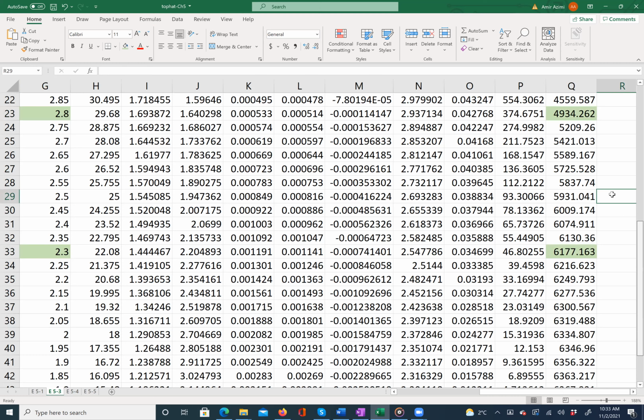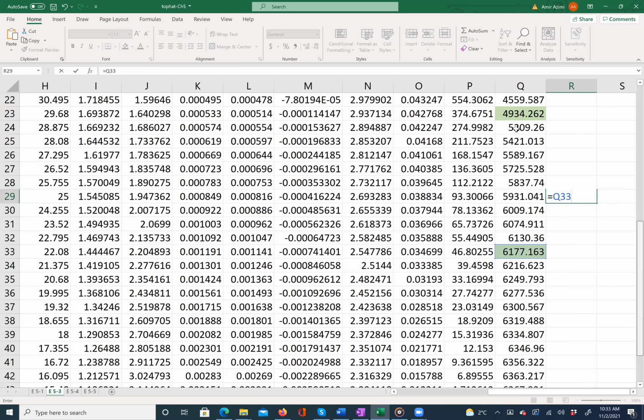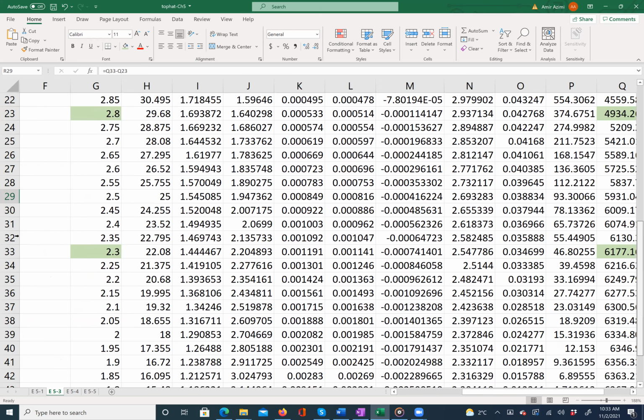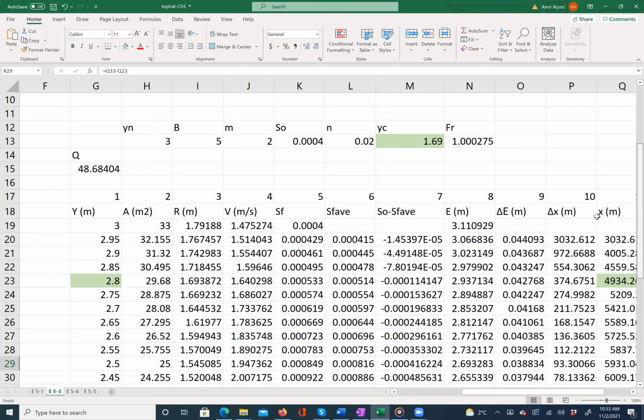So what I need to do is just subtract these two. So the distance between 2.3 and 2.8 is 1,243 or 42.9 meters. And then you can also plot depth versus distance to answer part B.